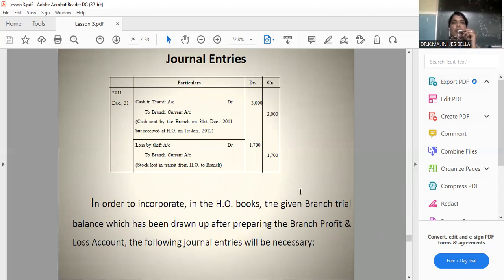What is the journal entry for that? Loss by theft account debtor 1,700 to branch current account 1,700, being stock lost in transit from head office to branch. First journal entry, cash in transit, right? Second one is loss by theft. Okay.